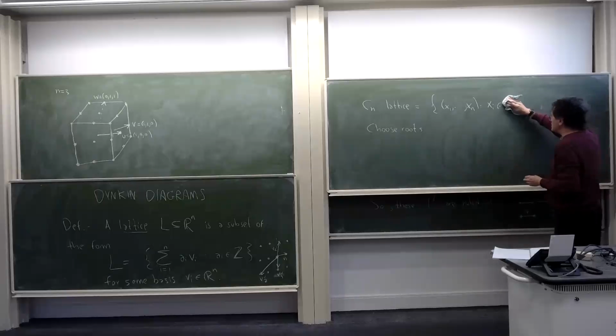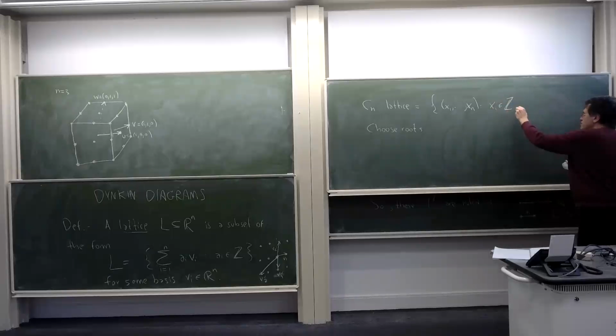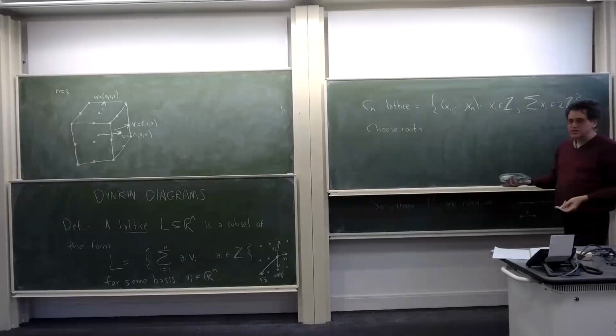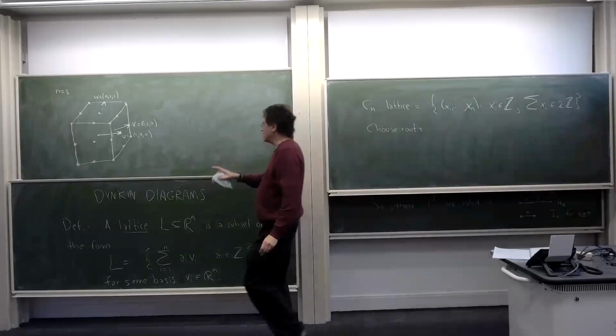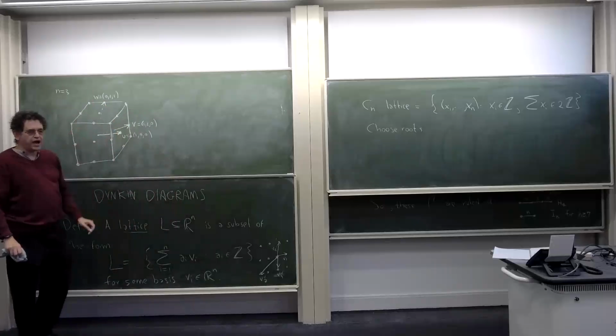Here we don't take all these vectors. We just take vectors with integer coordinates where the sum of the coordinates is even, so it's in 2Z. In particular, V and W will still be in there, but U will not.